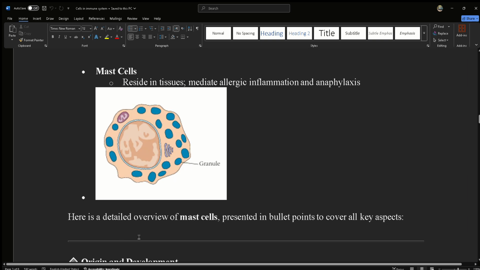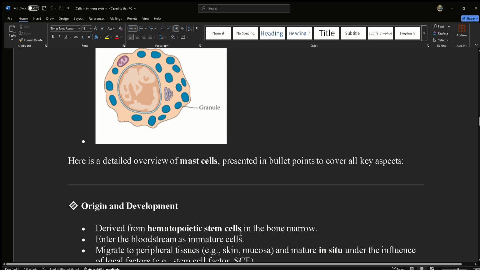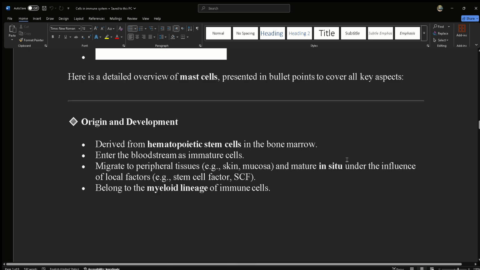So here is a detailed overview of the mast cell presented in bullet points. These mast cells are derived from hematopoietic stem cells in the bone marrow, enter the bloodstream as immature cells, migrate to peripheral tissues, skin and mucosa, and mature in situ under the influence of local factors such as stem cell factor, and belong to the myeloid lineage of immune cells.